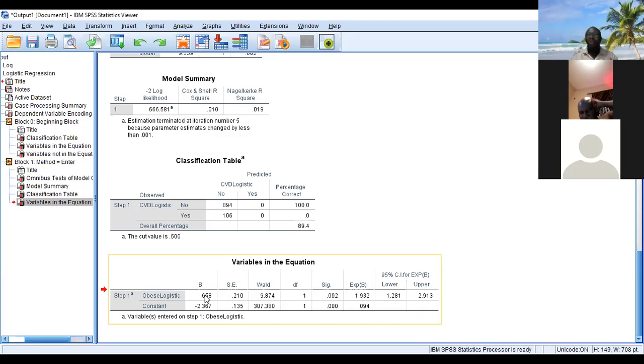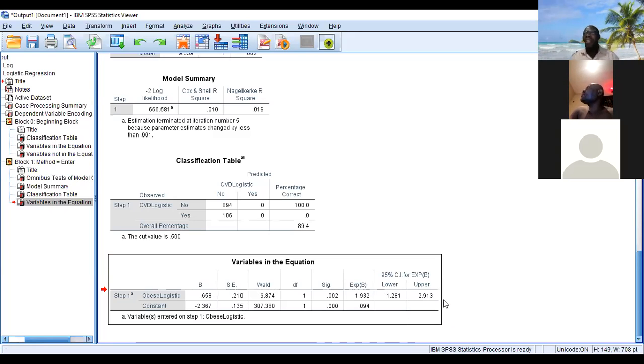The only thing I want to also say here is that sometimes you will see the confidence interval. The confidence interval is 1.28 to 2.913. It does not cross 1. It's significant, because if, let's say, it crosses 1, maybe from 0 point something to 2.9, then 1 is inclusive in between.